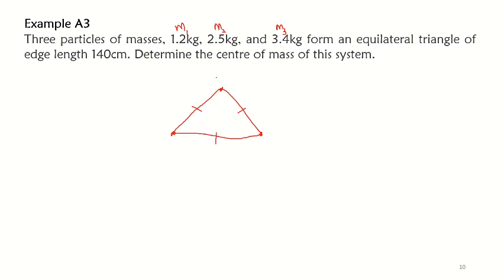So you have m1, m2, m3, mass 3. Okay? So this is the coordinate. So 0, and the edge length is 140 centimeters.